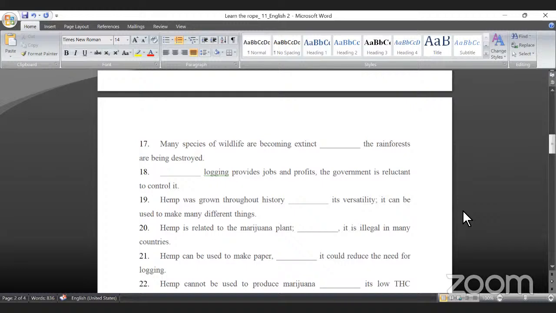The government is reluctant to control it. Contrast, ma'am? How is it contrast? Government is reluctant to control it, but since, oh, no, wait. If it is in contrast, then what will you use? What is logging, ma'am?